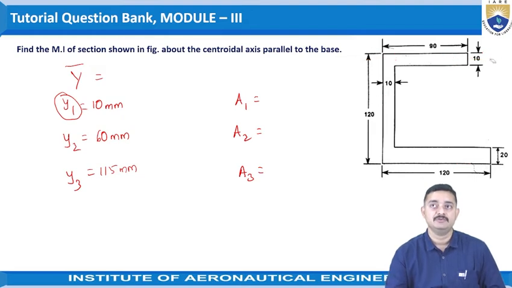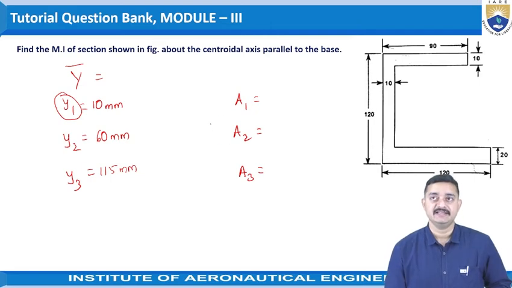Now coming to the areas. Areas would be A1 is equal to 120 into 20. The division which we have made has been made till here. So this length would be 110. 110 into 20, that is length into breadth.